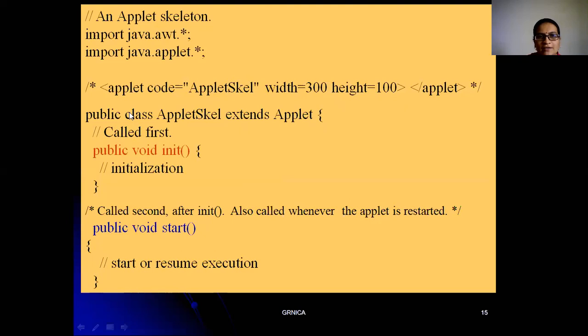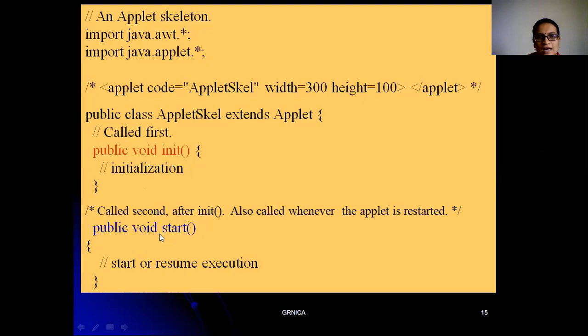Init is the first method because it is called first and starts the execution of the applet. This is public void init. We don't have any statement here, but if we have init, it will start the execution.